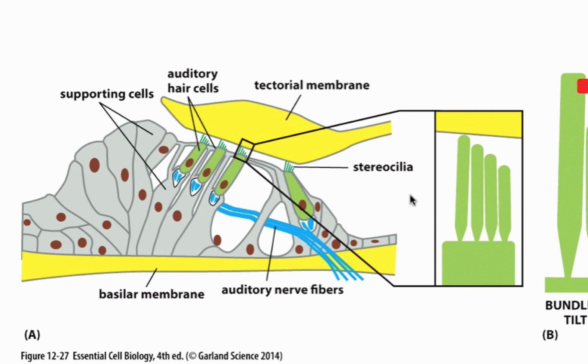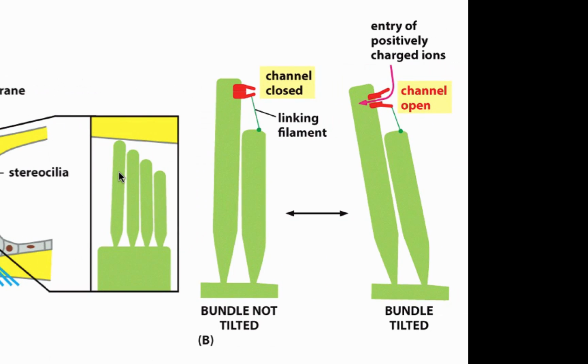And the stereocilia are bundled together tightly. One of the things that are also present in the stereocilia are channels which are mechanosensitive, and they are tethered by a linking filament to the next filament in the stereocilia, shown here in part B.